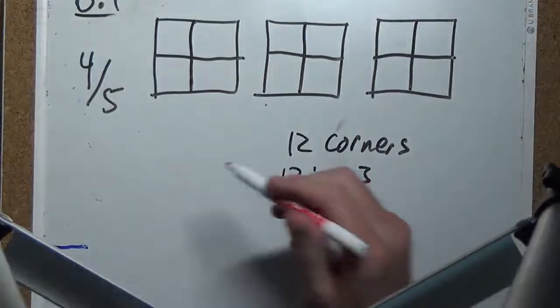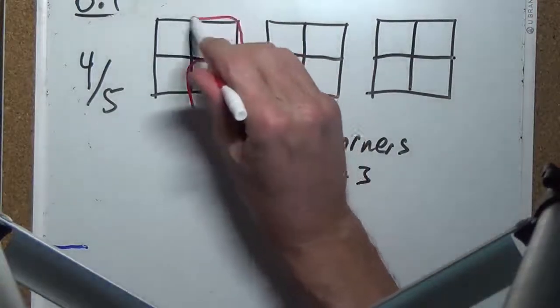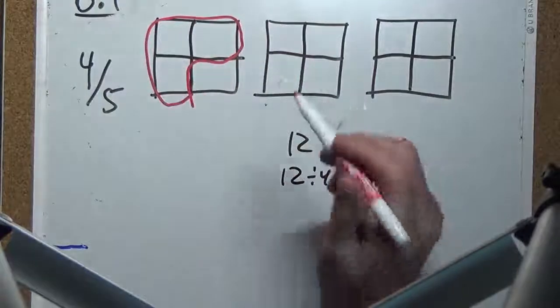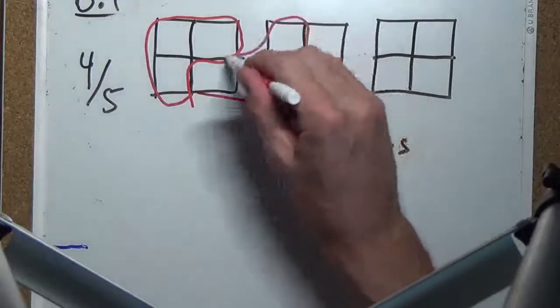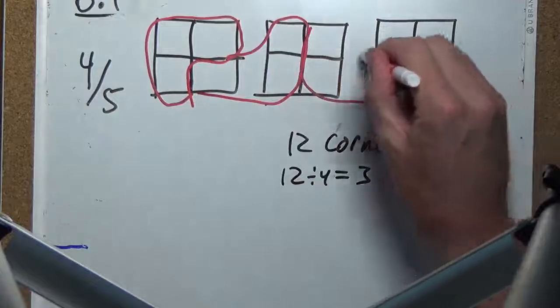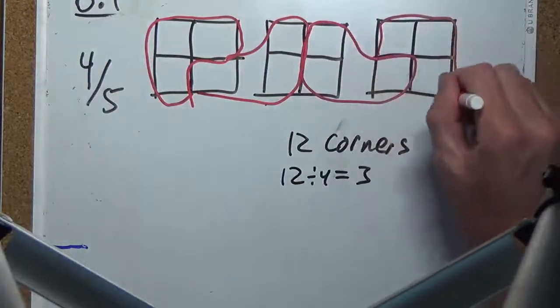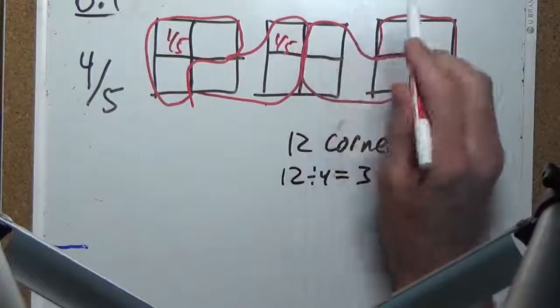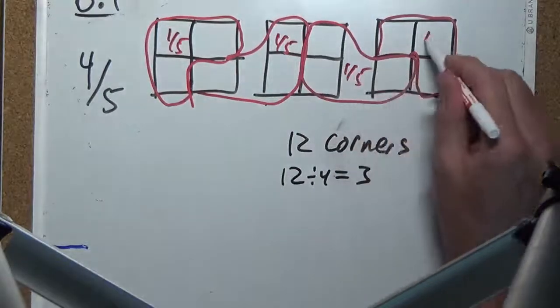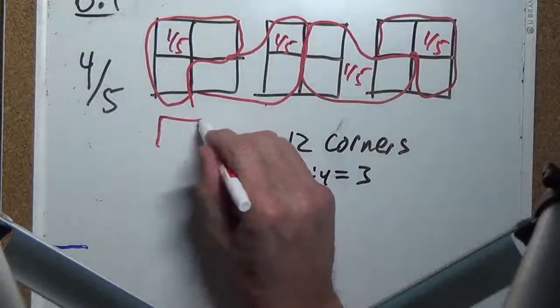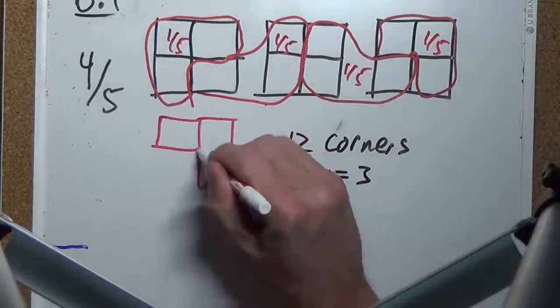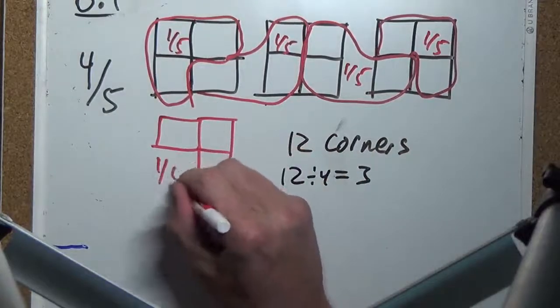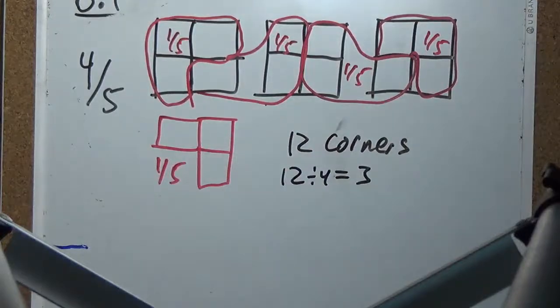That means if I circle 3 of these, look at that. There's 1, 2, 3. There's my 4 equal pieces. Each one of these is a 1/5. So I would need one more of these little Tetris pieces to be the 5th fifth. Anyway, nice little problems. I'm sure you'll see them again.